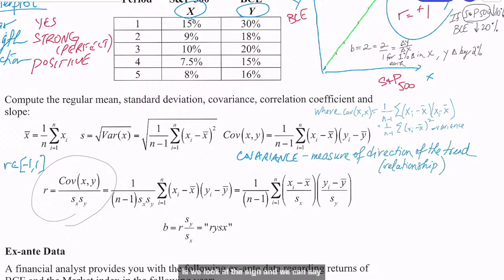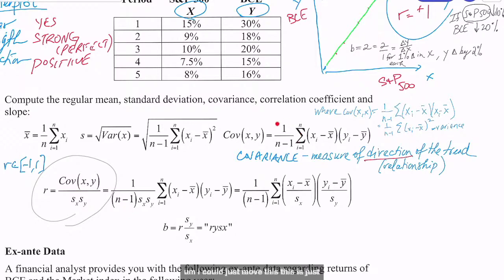All we would know is we look at the sign and we can say, well, that's a positive direction or a negative direction, positive relationship or a negative relationship, but we won't know how strong that relationship is because we don't know how close everything is together. And by standardizing it, we're able to scale it down to -1 to 1, and that helps us interpret. So it's pretty brilliant, actually. So that's the relationship between those two, and these are different ways to see it. Mathematically, you can see how this happens.